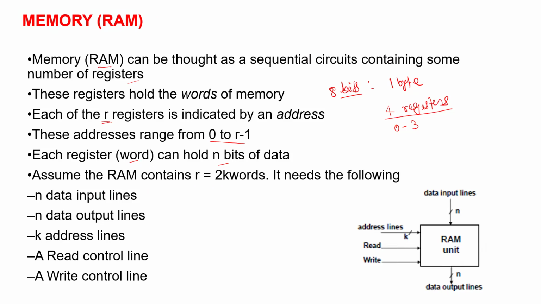Finally, what structures are required? We require n data input lines and n data output lines, as you can see in the diagram, and k address lines. Here we have to perform read and write operations, so we have a read line and a write line.